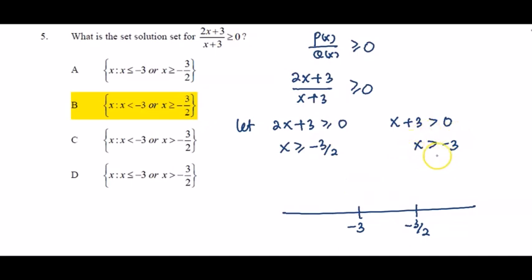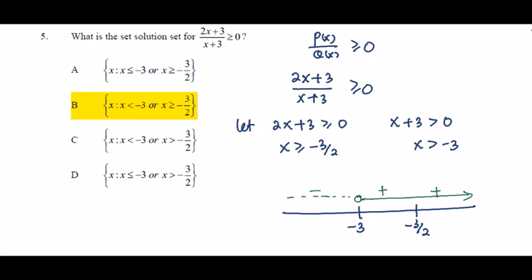For x greater than negative 3, you have this. I'm going to use an empty circle to show that x cannot take the value of negative 3. Here I'm going to put a dashed line to show that there is no arrow. So here I put negative, and on the portion with the arrow, I put positive, because we already defined this as positive.